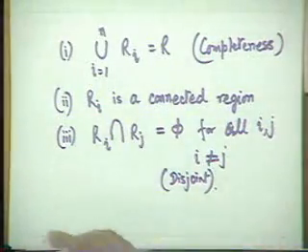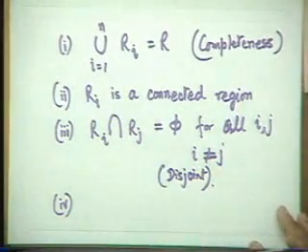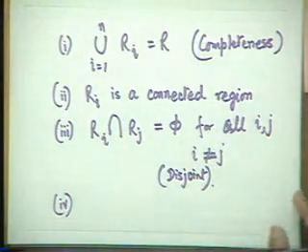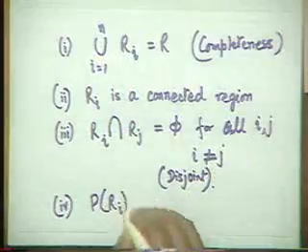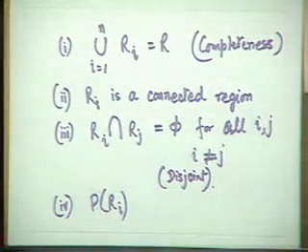The fourth property is that if we define any similarity property for the pixels, because after all, how are we going to extract the regions? Extraction of a region should be based on some similarity property of the pixels belonging to that region. So let us call that property P. The property P defined over the region Ri. Now this property should be true for all the pixels within that particular region.